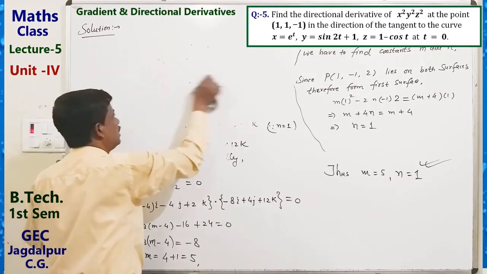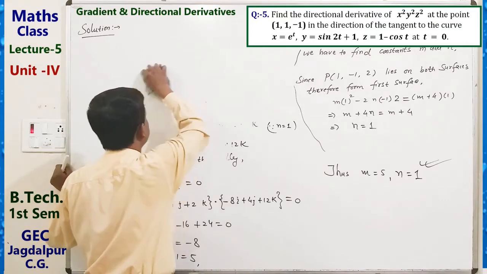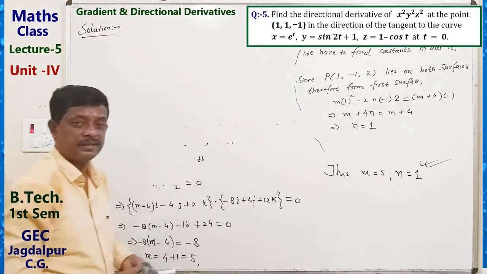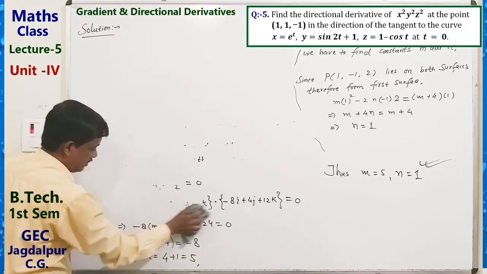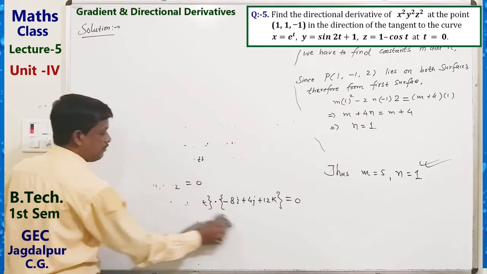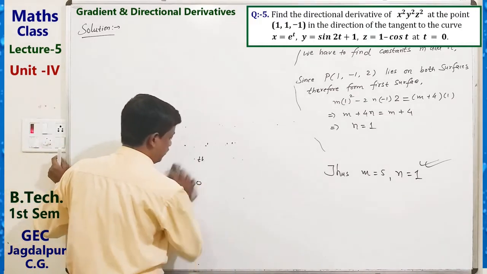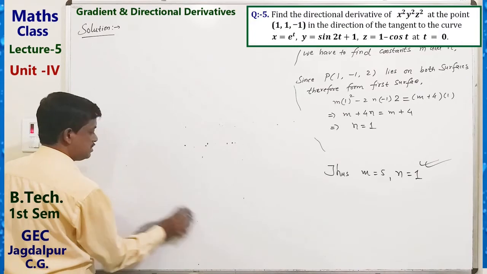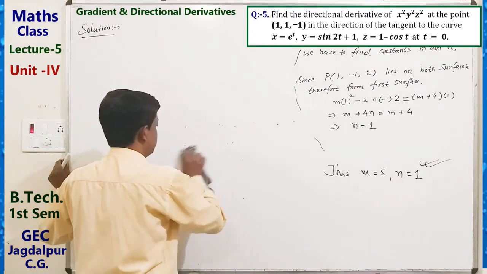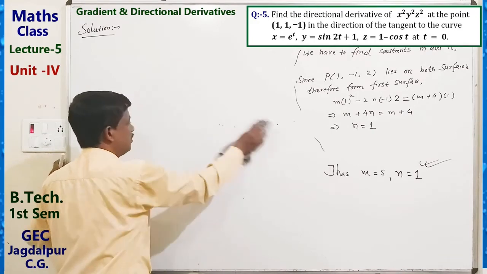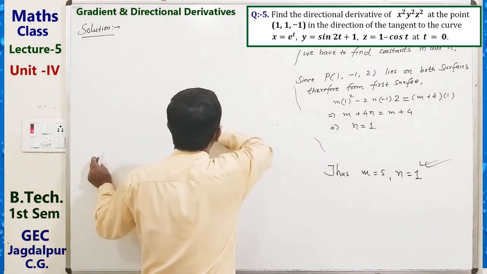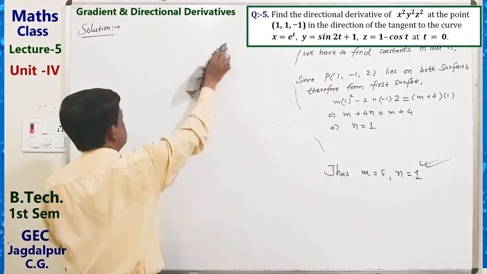So in that direction we will find unit vector, that will be a cap, and then directional derivative a cap dot del phi. Here function is given, phi. So first of all find del phi and then a cap, then we can find the value of directional derivative.